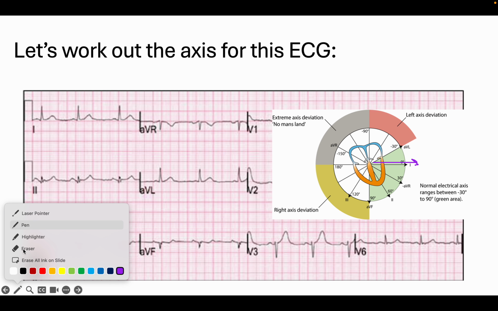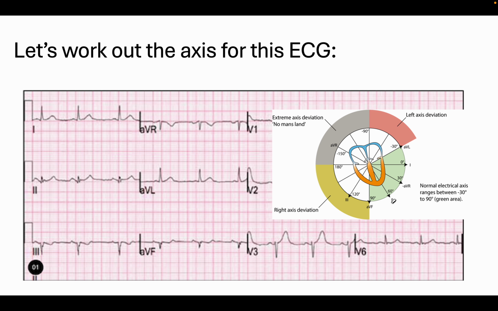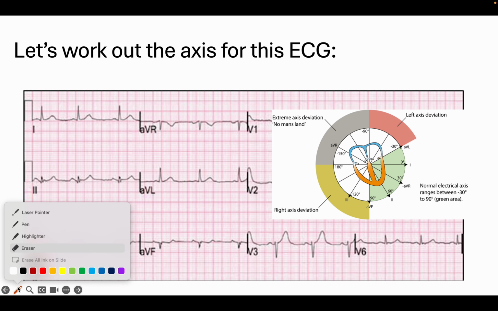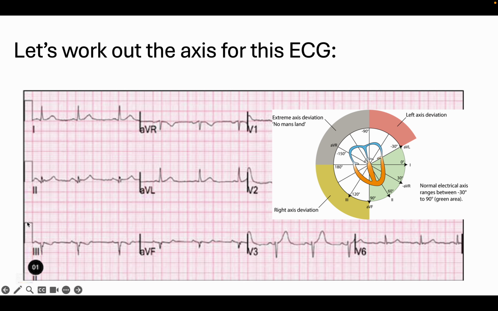Now looking at lead 2, the amplitude's slightly smaller, so electricity might be going a bit there, but not too greatly. So the electricity is probably still mostly going towards here.